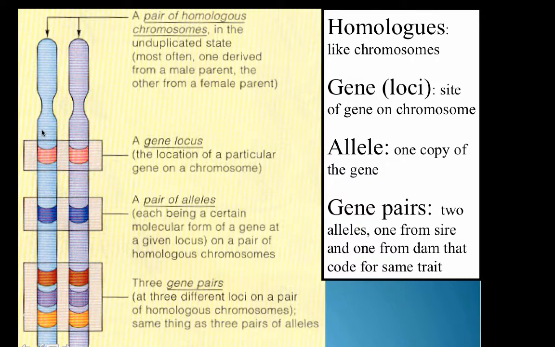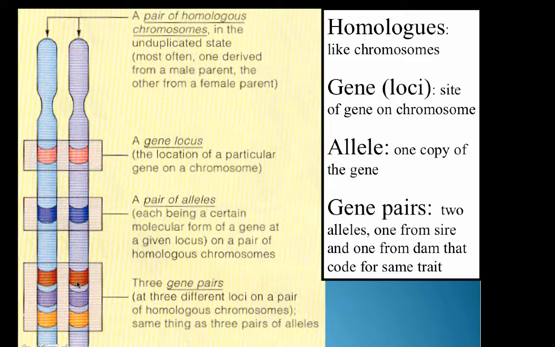So for example, if we have chromosome 1 from dad and chromosome 1 from mom, and both of these chromosomes exist in a new offspring, within that chromosome contains a certain area or a certain position that's going to code for some sort of trait. Okay, however, if we look down here towards the bottom, we may have a different gene that is going to be expressed.